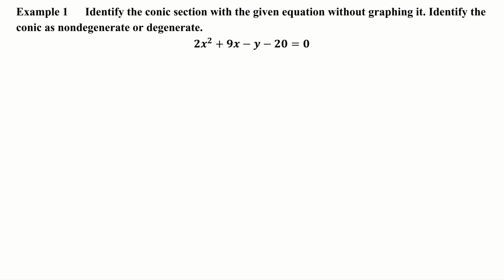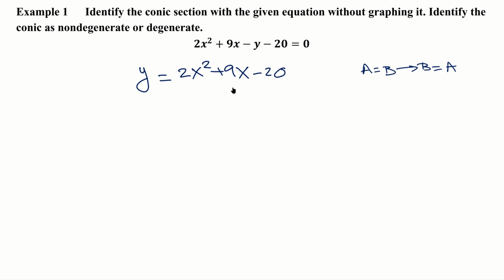solve this equation for y, I get 2x squared plus 9x minus 20 equals y. Of course, I can always write the y on this side for more familiarity, right? Because of the symmetric property, which says if a equals b, then b equals a, right? So if I do that, I notice that this is definitely going to be the equation of a parabola, right?